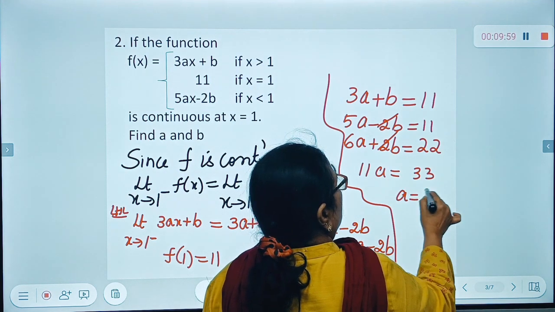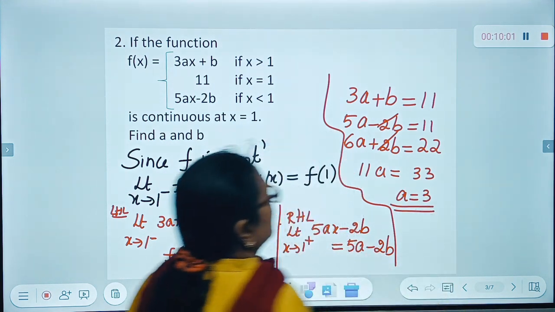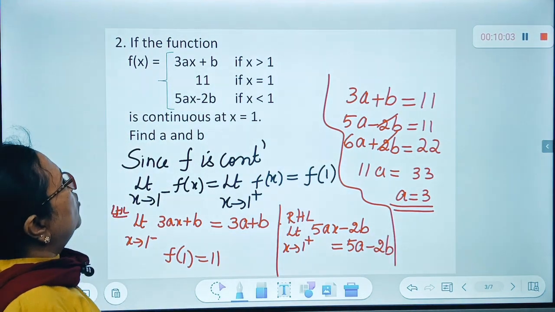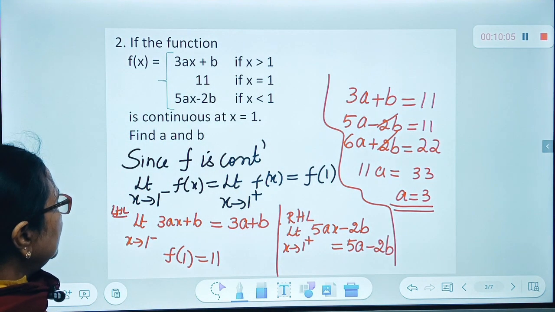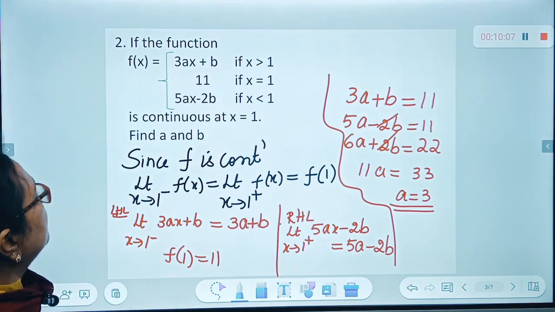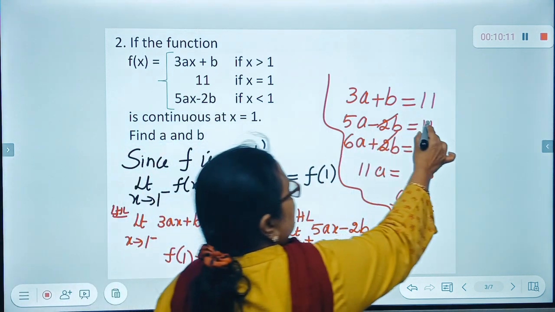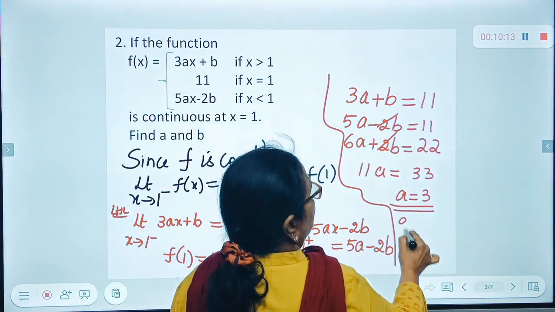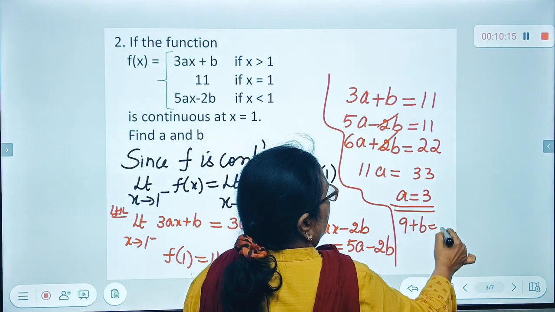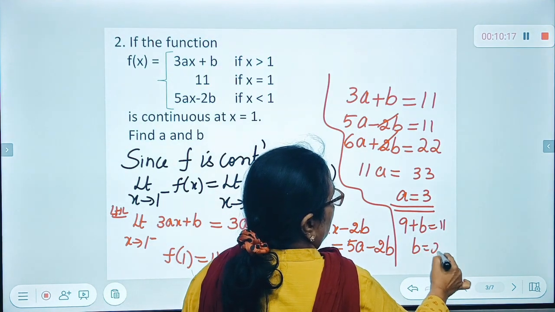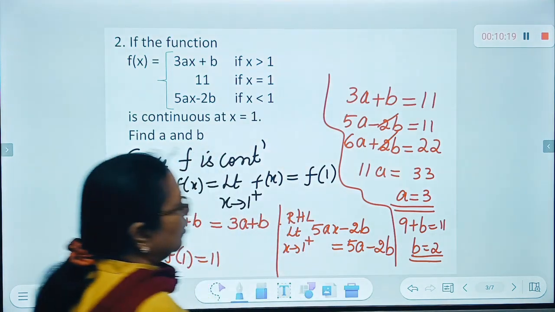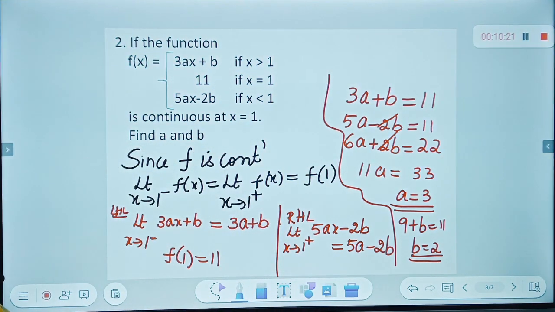So a equal to 3. If a equal to 3, what is b? We know that 3a plus b is 11. So 9 plus b is 11. So b equal to 2. So a equal to 3 and b equal to 2.